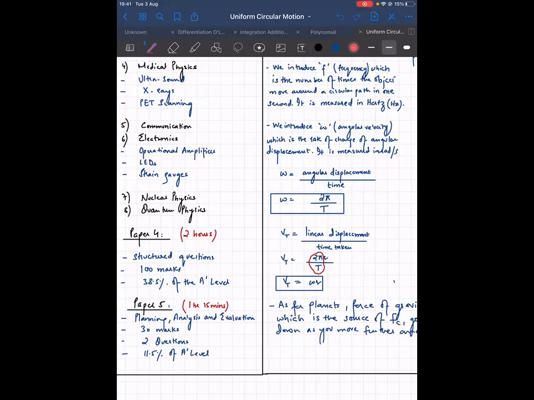You will be given a practical and you're going to perform analysis. You're going to plan how to perform it.